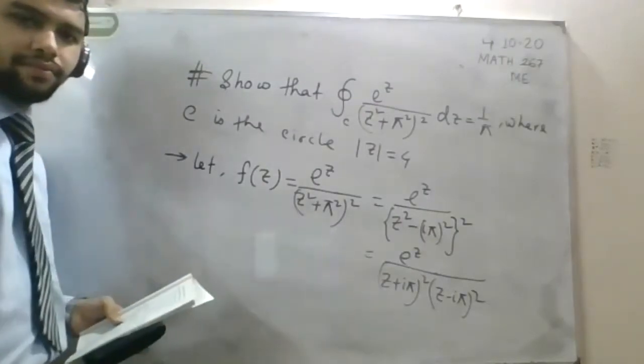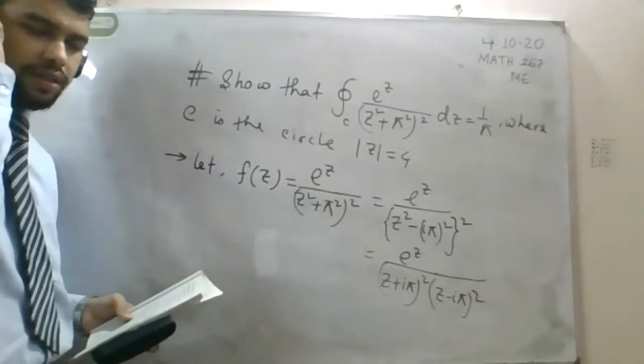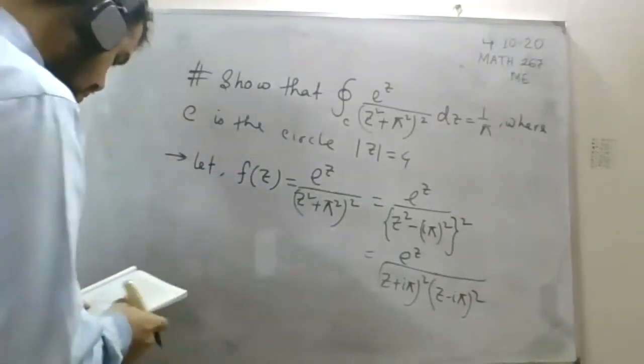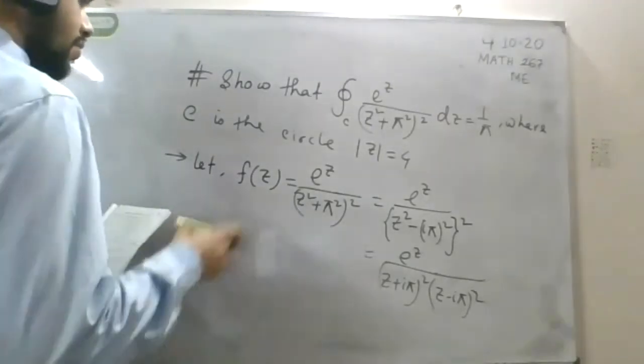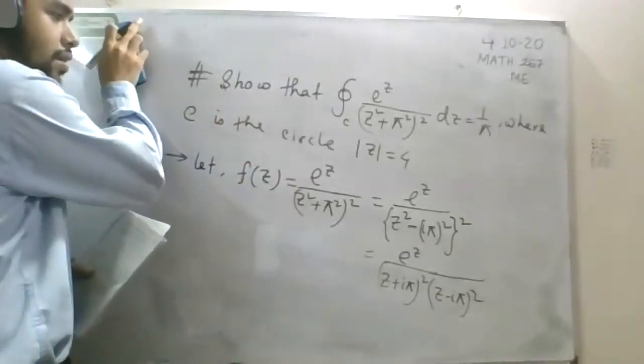Now tell me, how can I find the residues from here? Denominator 0. Okay, so you have to find out the poles of order.